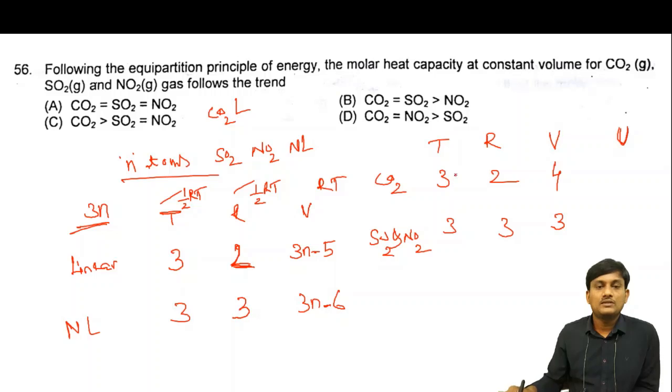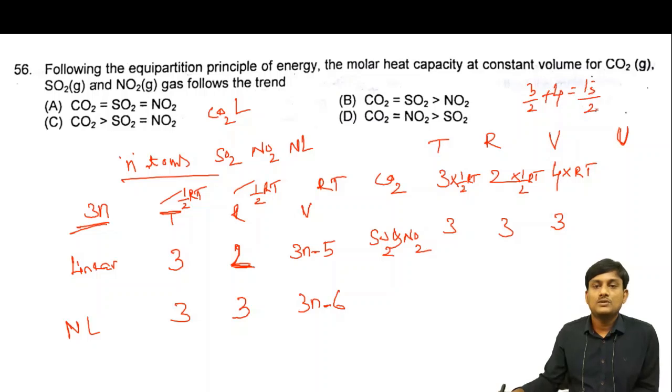It will be 3 into 1 by 2 RT, and 2 into 1 by 2 RT, and this one will be RT. So you have 3 by 2, 2 by 2, it will be 5 by 2, 5 by 2 plus 4, it will be 13 by 2 RT.